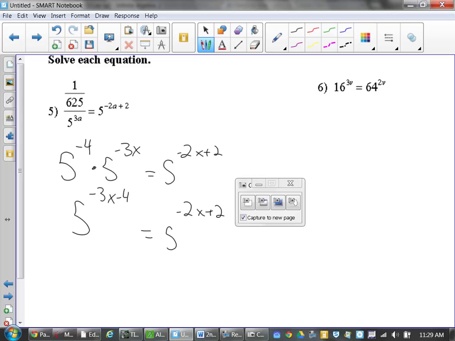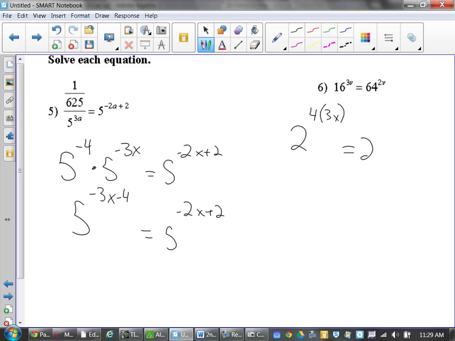In 6, it's forcing you to write in the same base of 2. 16 can be broken down as 4 and 4, which is 2 times 2 times 2 times 2, so it's 2 to the 4th. 64 is 8 and 8, which is 2 to the 6th. So you wind up with 2 to the 4th times 3x equals 2 to the 6th times 2x.